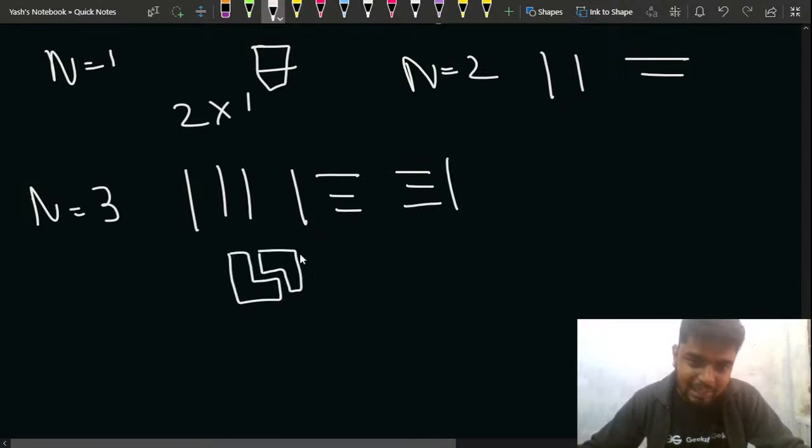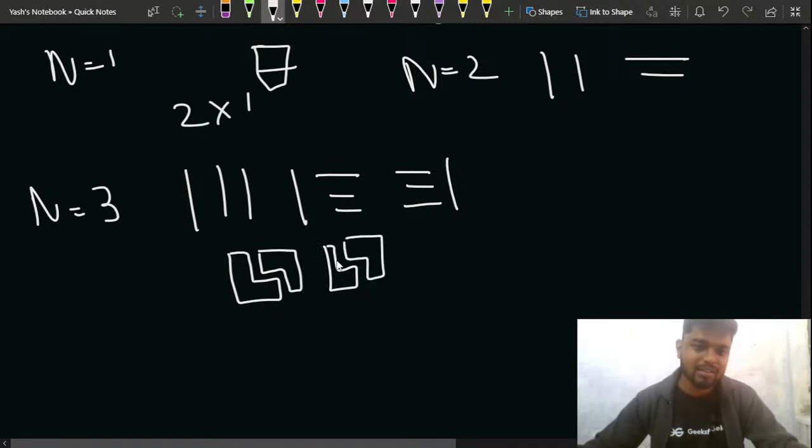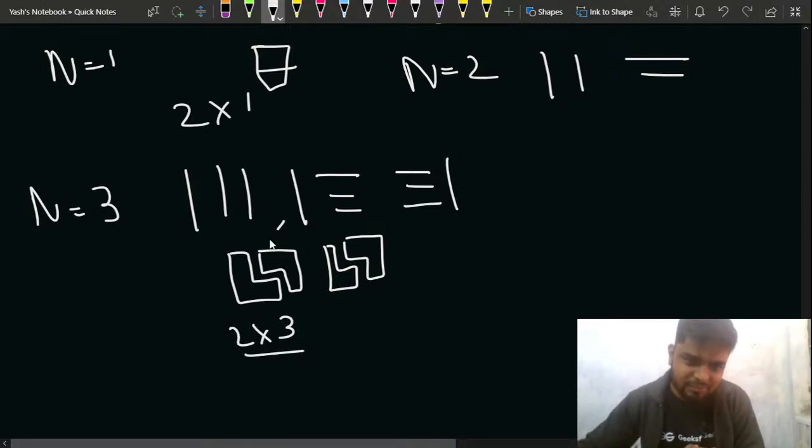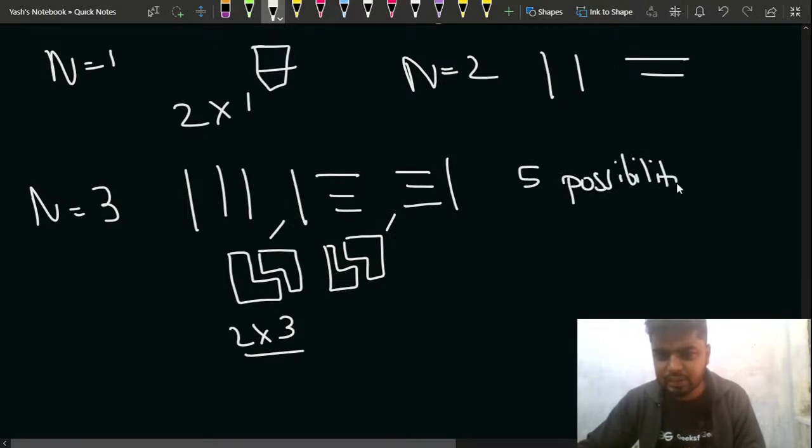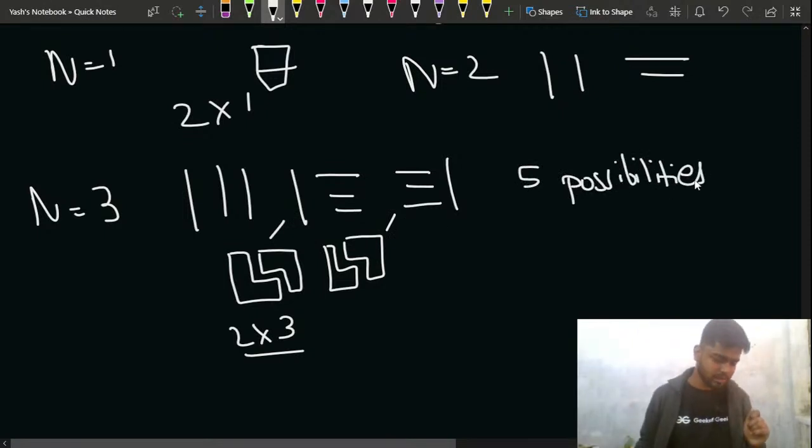I can have this and this. If it was a 2 cross 3, then these are the 5 possibilities. Is everyone clear with this much part?